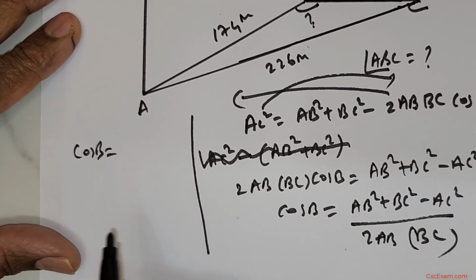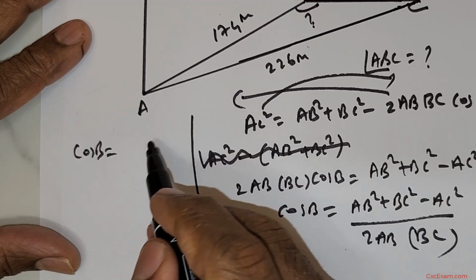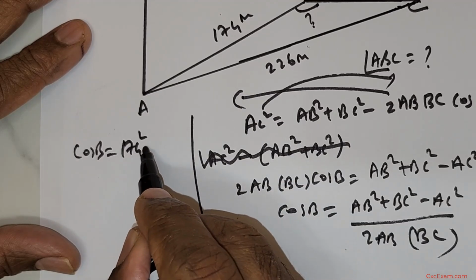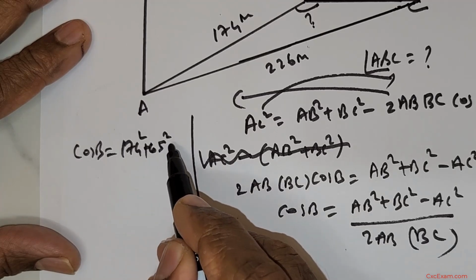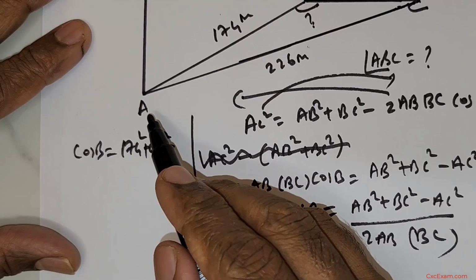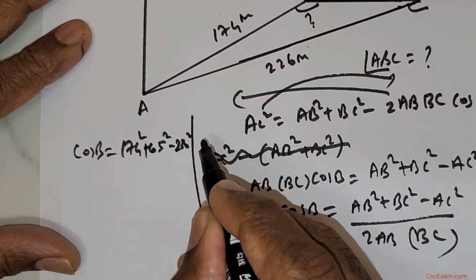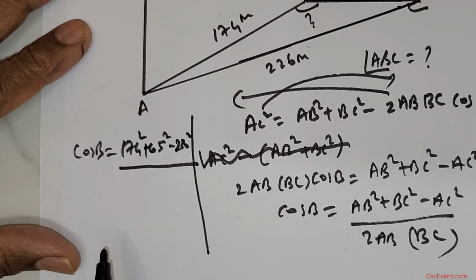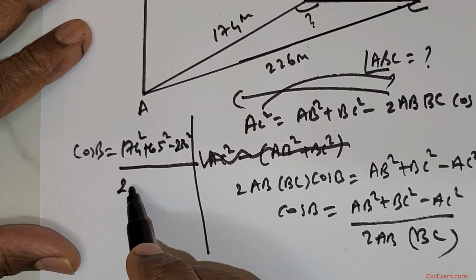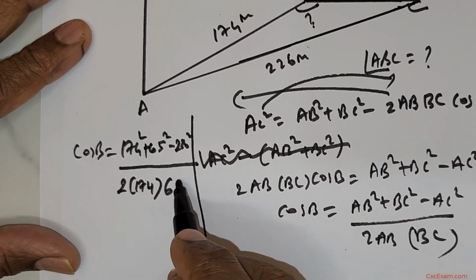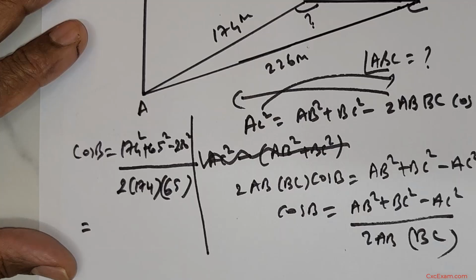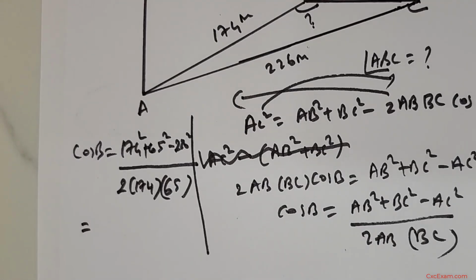So cos B is equal to AB squared, 174 squared, plus BC squared, 65 squared, minus AC squared, 226 squared, divided by 2 times AB is 174, BC is 65. So this is equal to, you have to use your calculator and get the value.